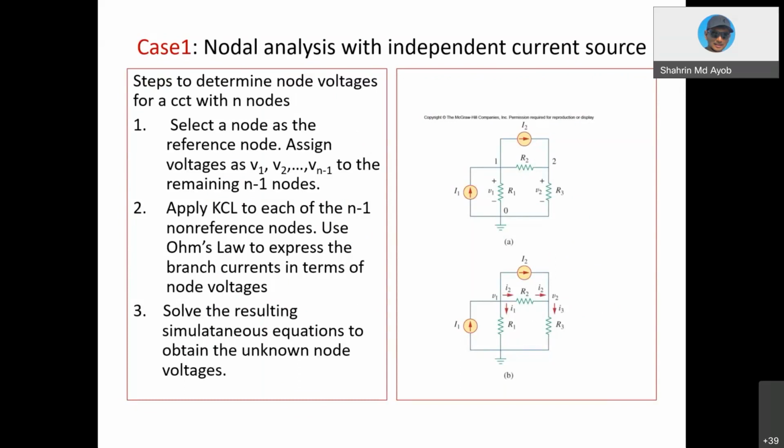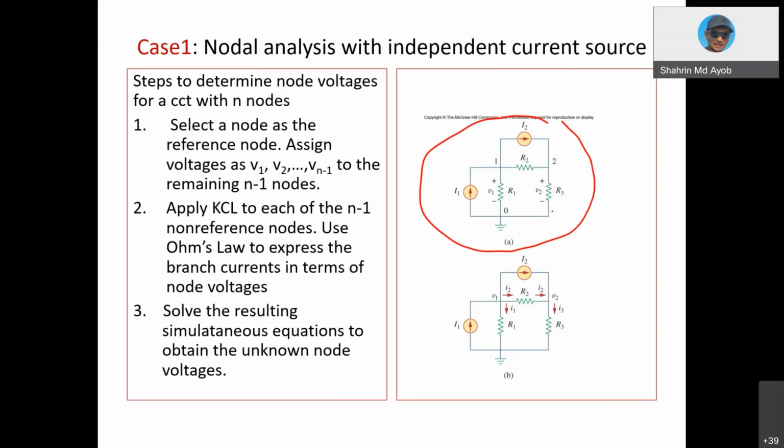So as mentioned before, the objective of nodal analysis is to find the node voltage. For example, if you have been given a circuit like this, the question is to find your V1, which is the voltage across R1 and also the voltage across R3, using nodal analysis.